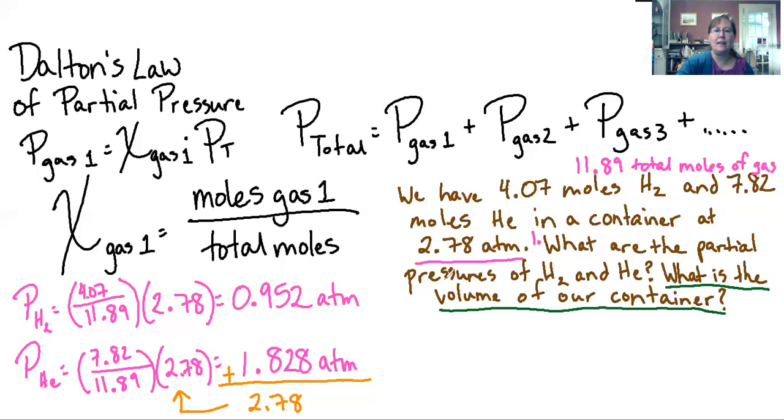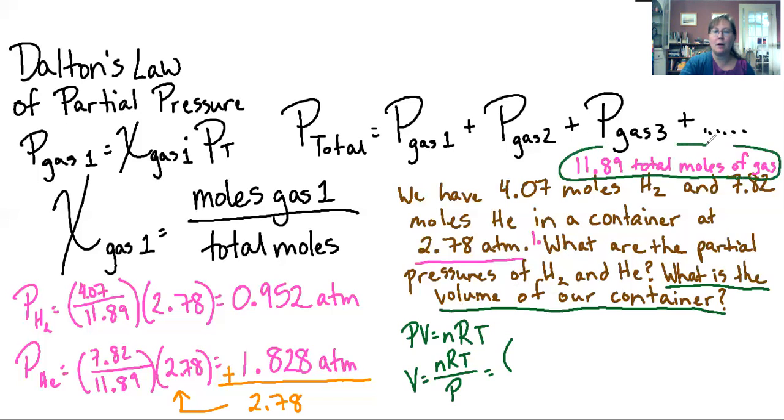If the ideal gas law is PV equals nRT, and we're looking for volume, then V is equal to nRT over P. The number of moles that we're going to use is the total number of moles of gas in the chamber.